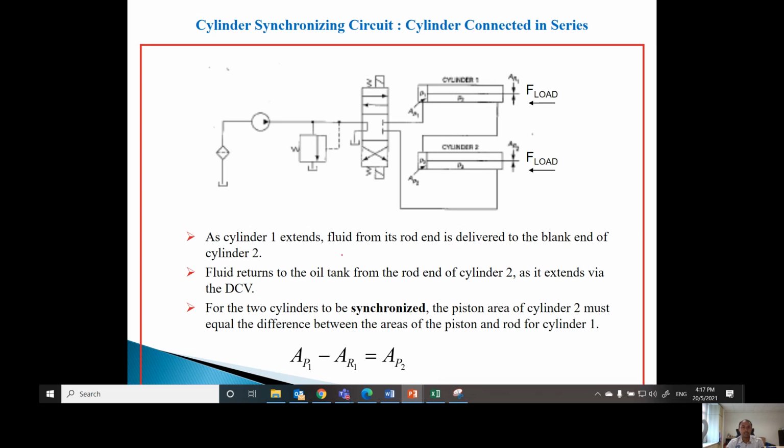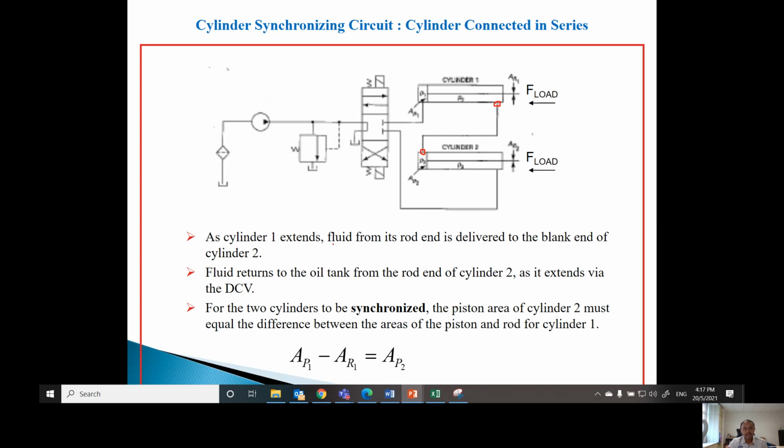So you can see the explanation here. This is how it is connected in series. You can see that this end is connected to this entrance. I mean that the rod end of cylinder 1 is channeled to the blank end of cylinder 2.